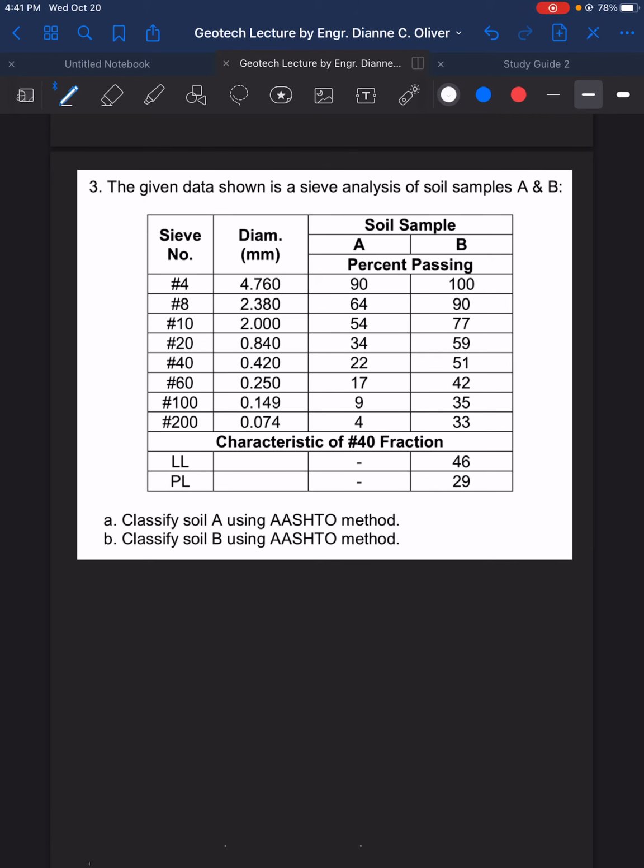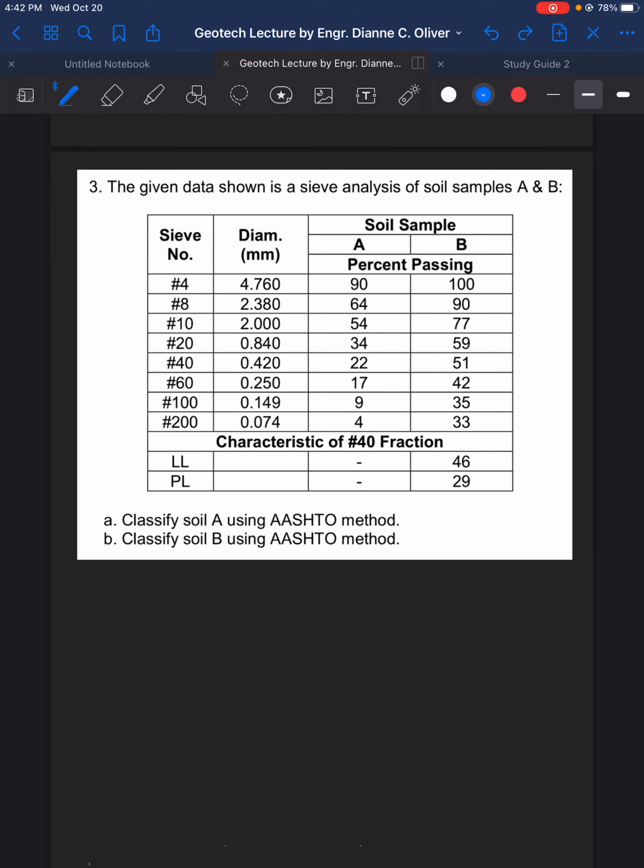For example number 3, we have here the given data. Shown is a sieve analysis of soil samples A and B. So we have the sieve number, the diameter of the sieve, and the percent passing or the percent finer of the two soils. We also have the liquid limit and the plastic limit.